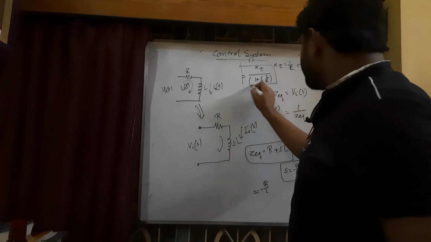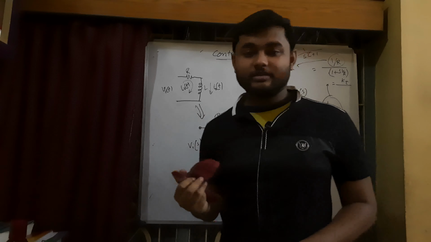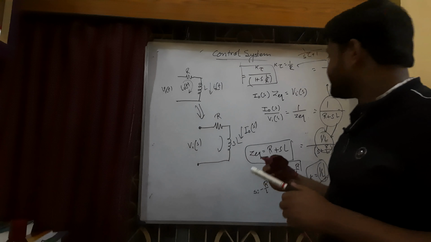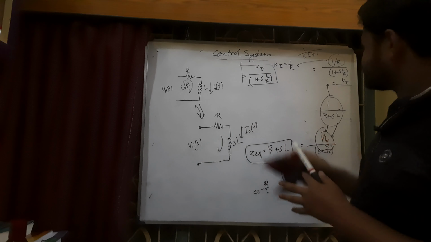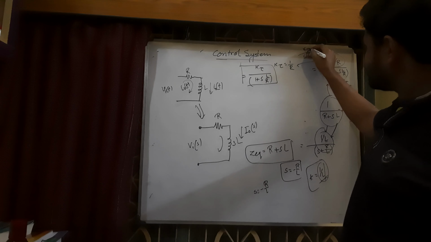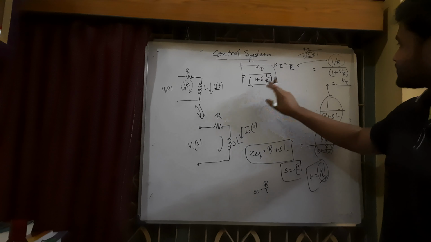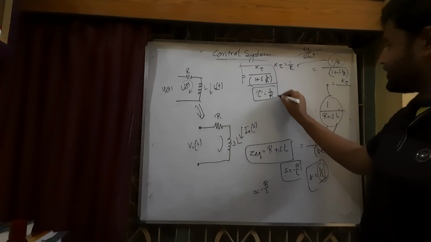Now what you can see from this equation is that the time constant of a series RL circuit is L by R. Compare this equation with this, tau equals L by R, isn't it?